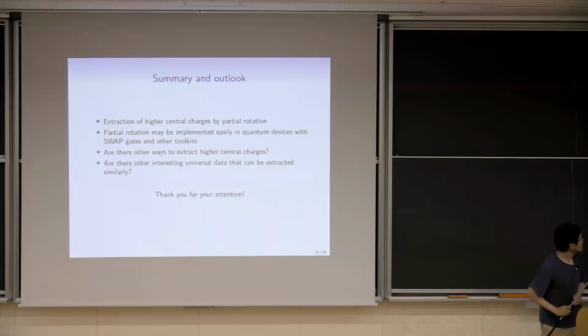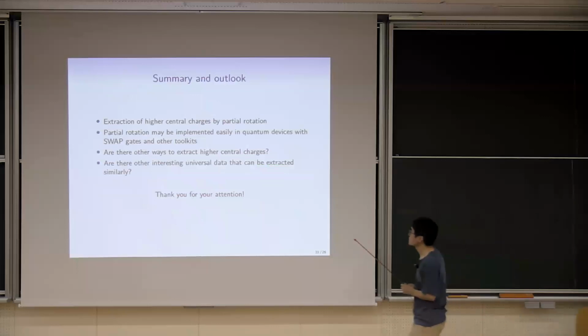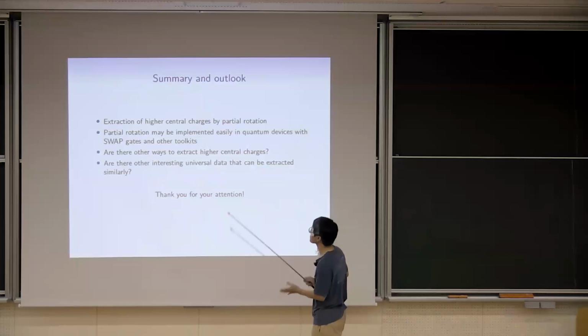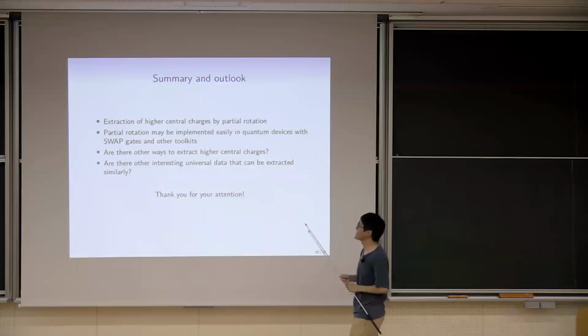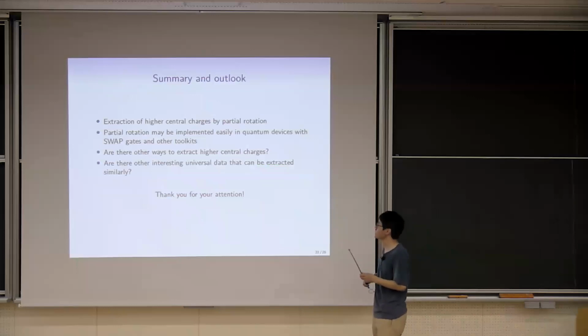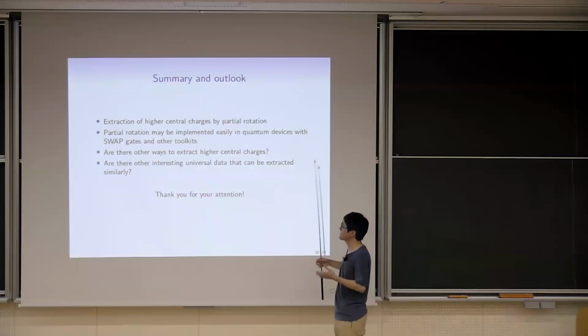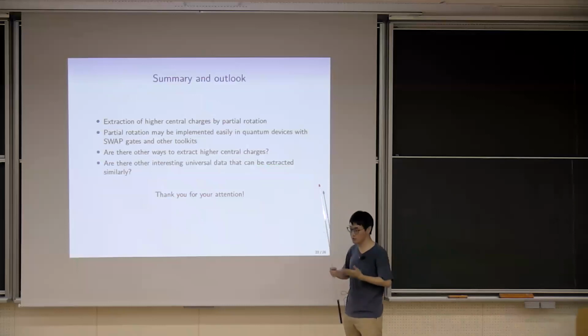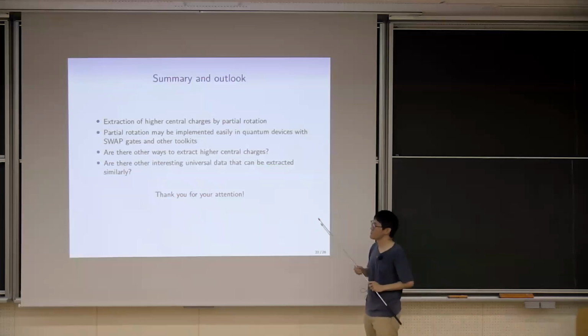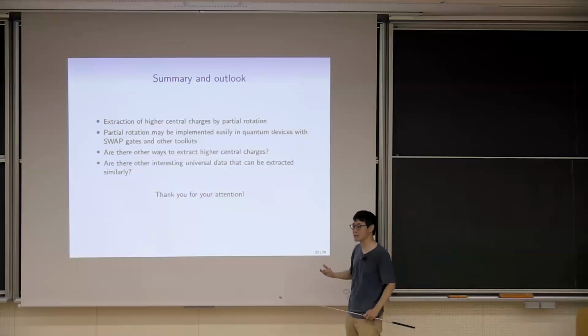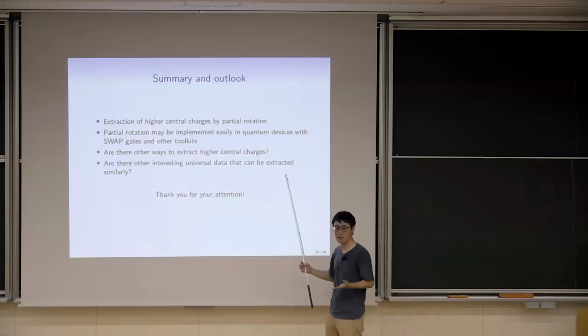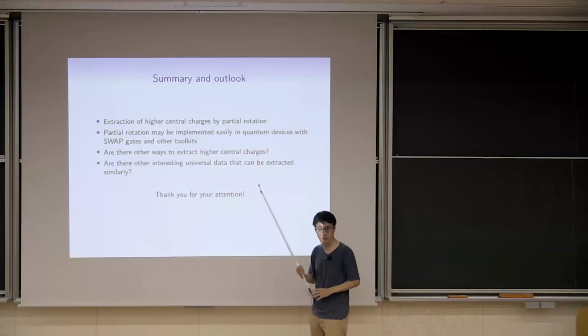Okay, so with this, I want to summarize and then give an outlook. Basically we found a physical, very explicit way of extracting higher central charges by using partial rotation operators. From our perspective, this is useful at least for numerics. But of course, we may be interested in doing this in experimental systems or at least some quantum devices, because, as I mentioned, topological entanglement entropy has already been used in quantum computers.